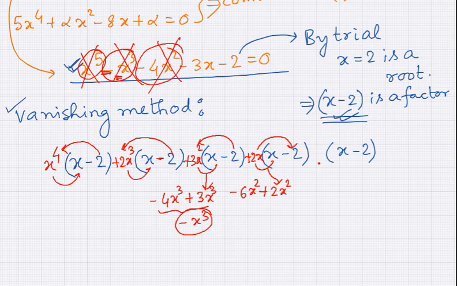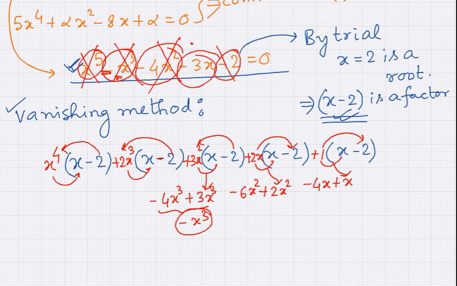Then next, this on multiplying will give us minus 4x, but what is present in the equation? It's minus 3x, so we need a balancing plus x here to get minus 3x. So the last factor will be multiplied with 1 to get this particular term x, and finally we can see that 1 into minus 2 is already taking care of minus 2. Okay, so we can see that the whole part is balanced.